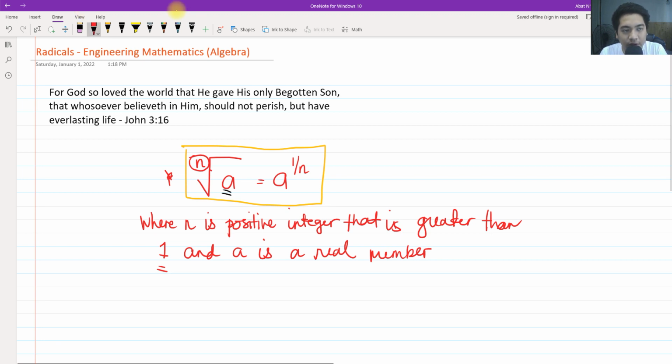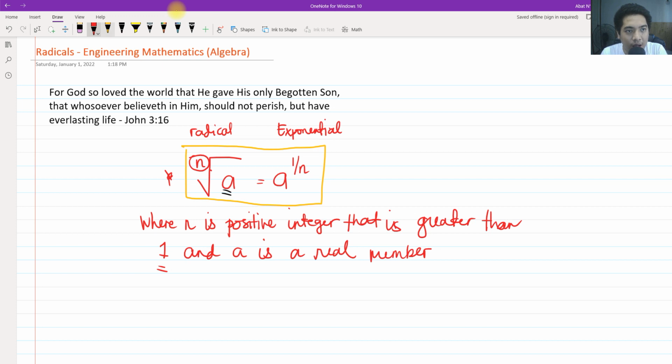We can read this as the nth root of a equals a raised to 1 over n. We call this radical form to exponential form. So this is radical form and this is exponential. We can always rewrite a radical form into exponential.